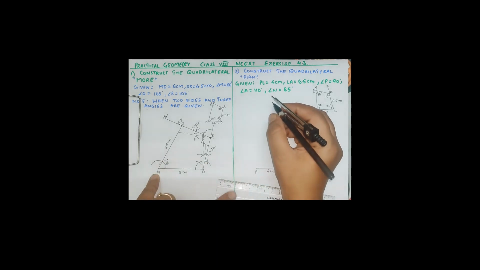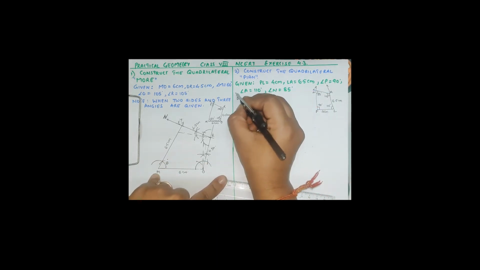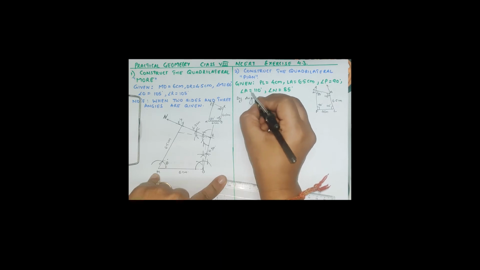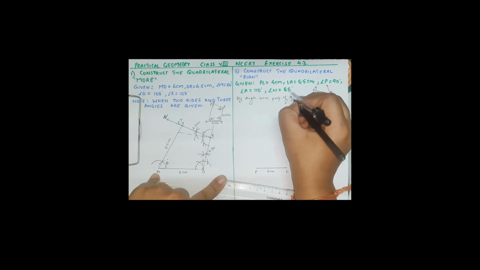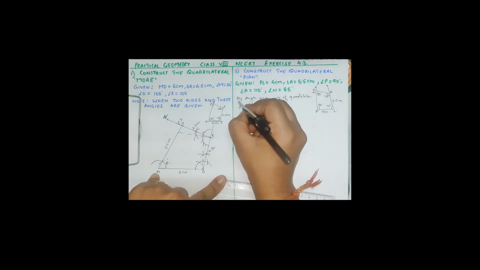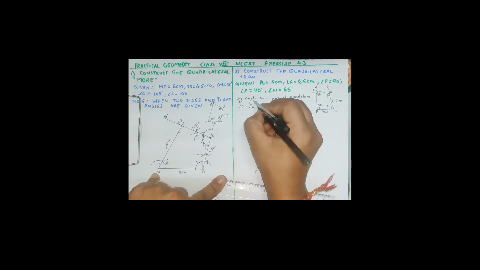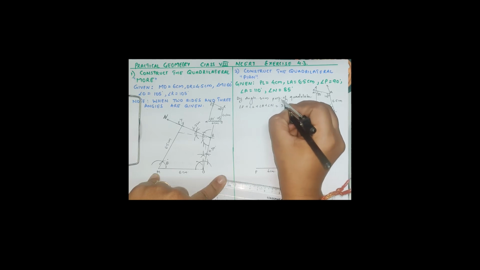Now we know that by angle sum property of quadrilateral, what is that? Angle P plus angle L plus angle A plus angle N should be equal to 360 degree.